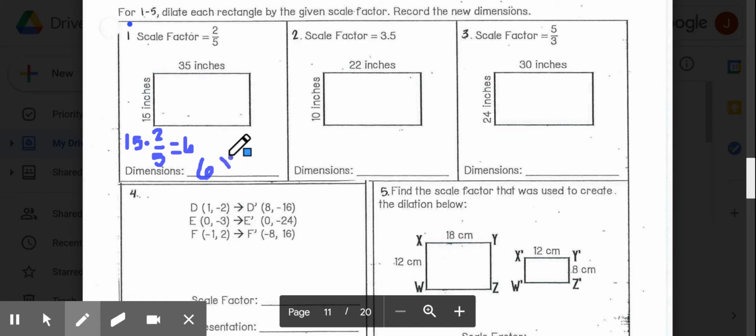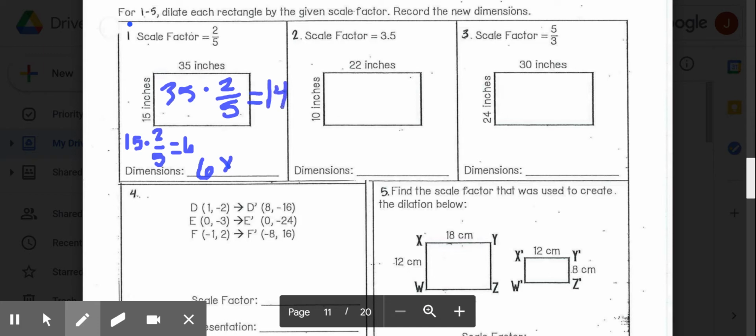And to find the other dimension, we're doing 35 times the scale factor. So you could say 35 times 2/5. And again, if you need to use a calculator for that, that's totally fine. 35 times 2/5 is going to be equal to 14.